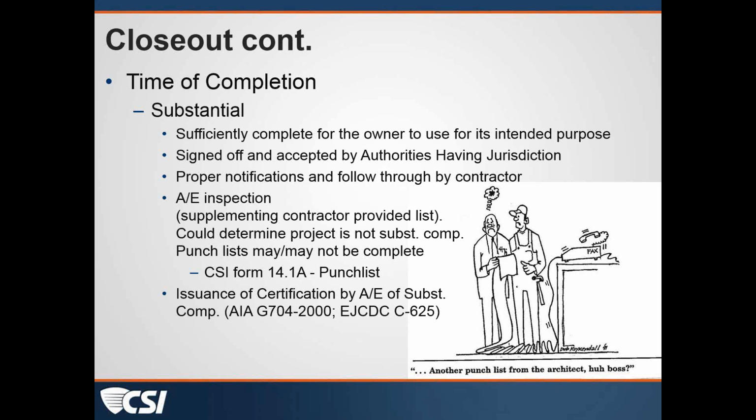We have done our inspection, supplementing the contractor's punch list where they started. There are projects where maybe we determine that the project is not substantially complete, and the contractor goes back to work on correcting punch list items. The punch list may not be sufficiently complete for us to establish substantial completion.